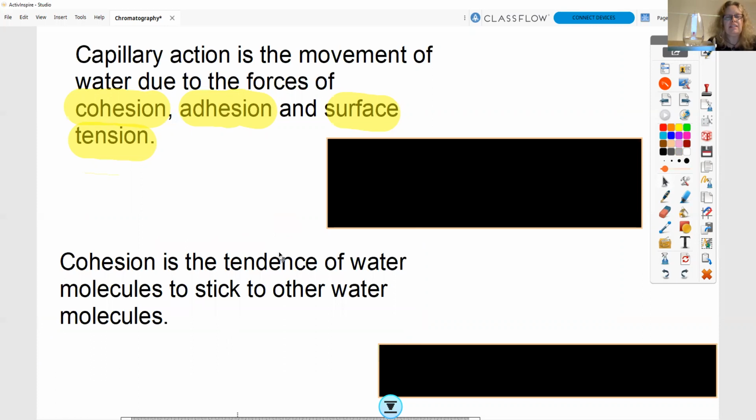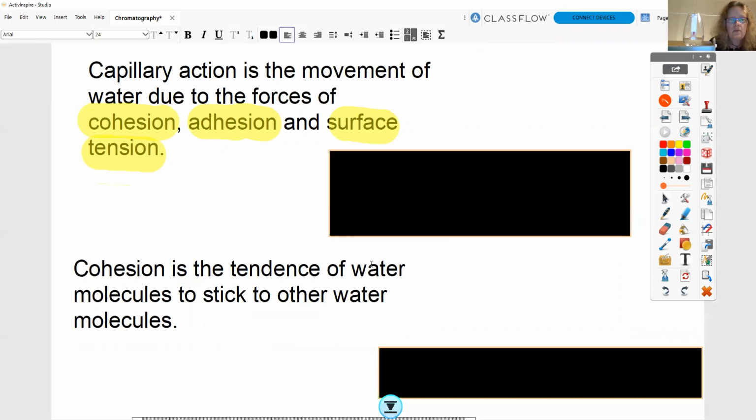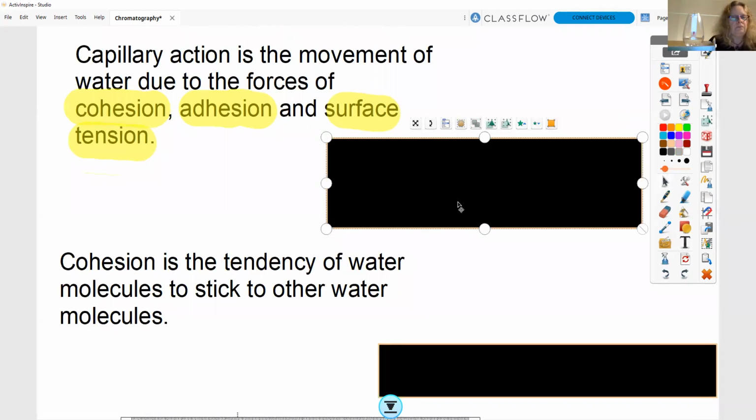Cohesion is the tendency of water molecules to stick to other water molecules. And I might just correct that typo right now.